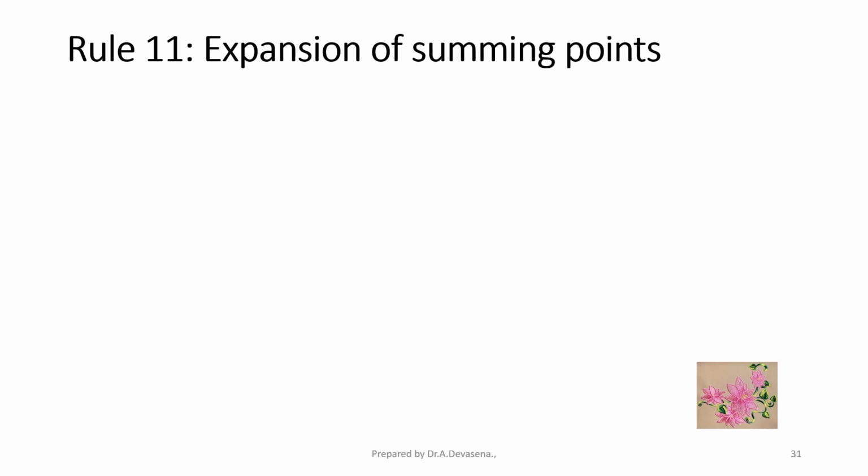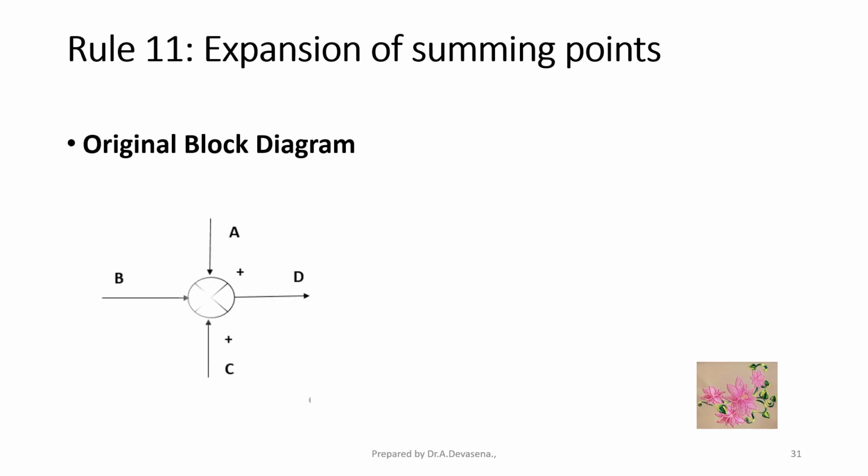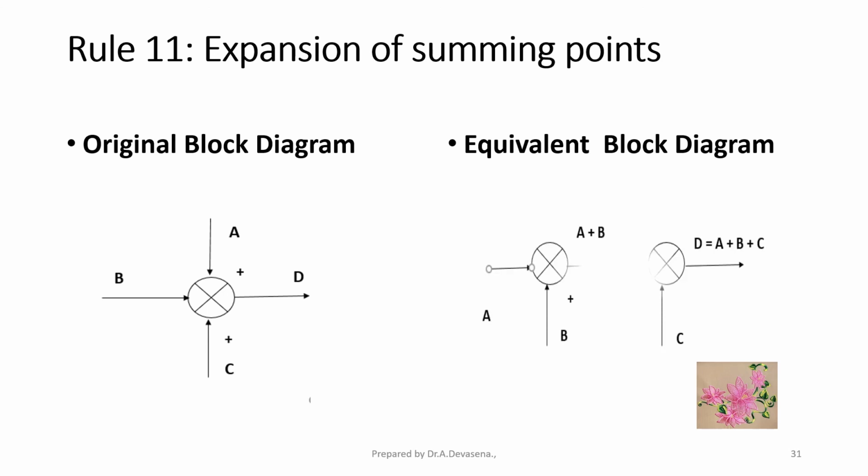Rule number 11. Expansion of summing points. The block diagram is shown here. In this summing point, the signals A, B, C and D are available. The equivalent block diagram is shown here. Here, we have rearranged the signals.